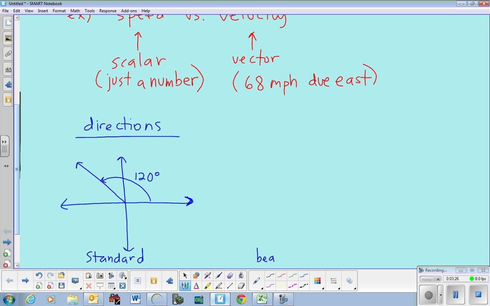Bearing, and I think different textbooks might have different versions of what exactly a bearing is. Ours is clockwise from north. So a bearing of 120 would be like this.